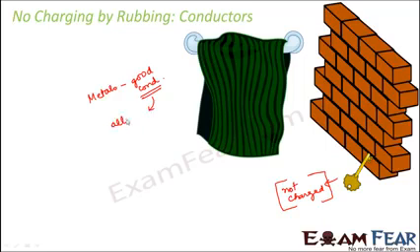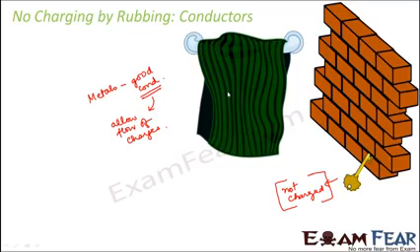So whatever charge comes into the metal gets distributed all over the surface. But in case of insulators, whatever charge comes to the insulator stays at the same point. So the charges are static in case of insulators because they cannot flow through the insulator.